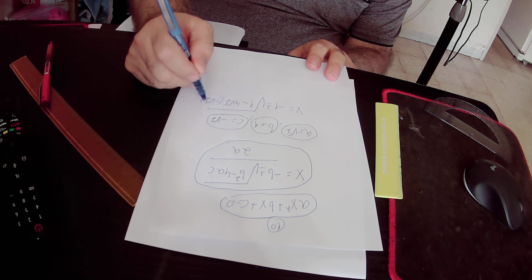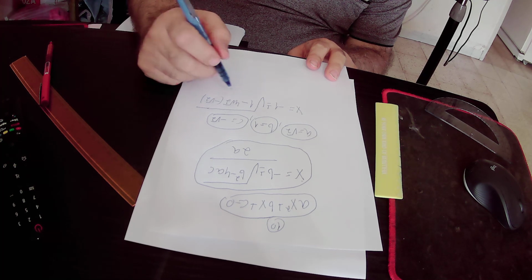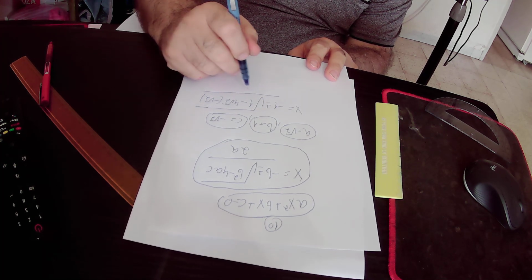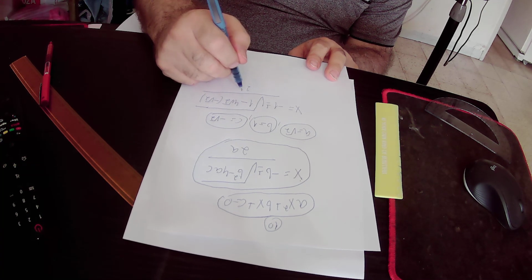Okay, so here minus and minus will become plus, all divided by 2 times a, that is 2 times root 2.